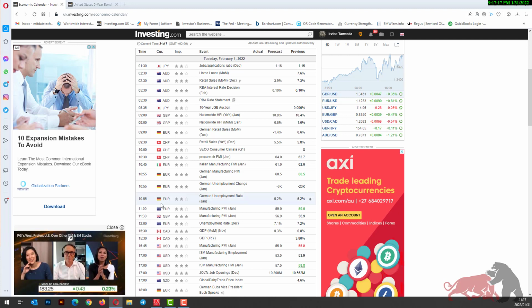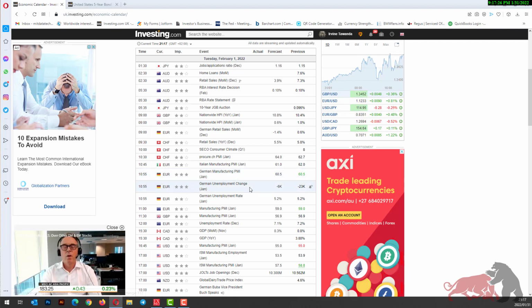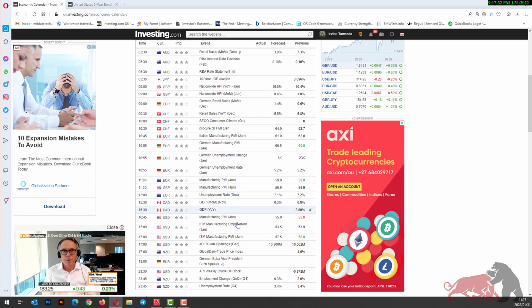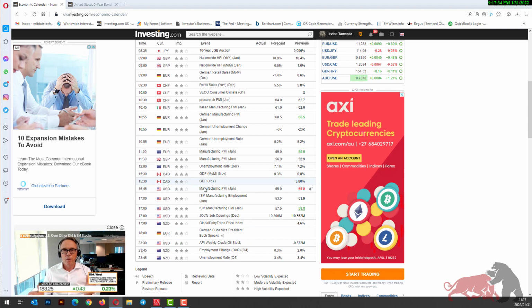Then just after London open, we're going to get the German manufacturing PMIs, also the Italian PMIs, and then we've got the manufacturing PMIs from the United States. That's later on in the day in the New York session.